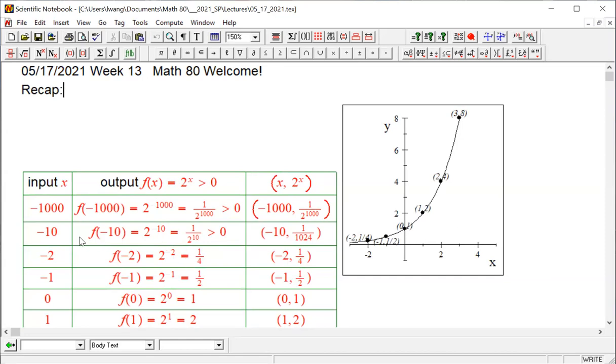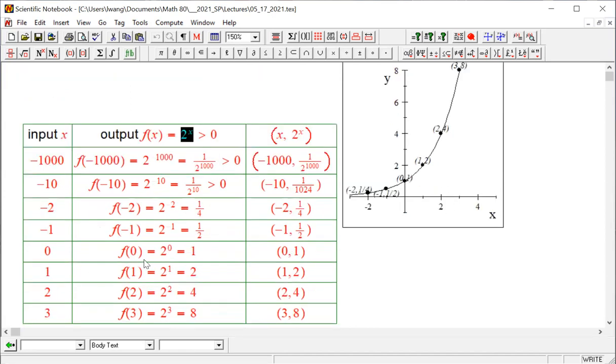We graphed the function 2 to the power of x by plotting the points. We have seen some interesting phenomena here, right? First of all, we plotted the point for input -2. The output is 2 to the power of -2, which is a quarter.